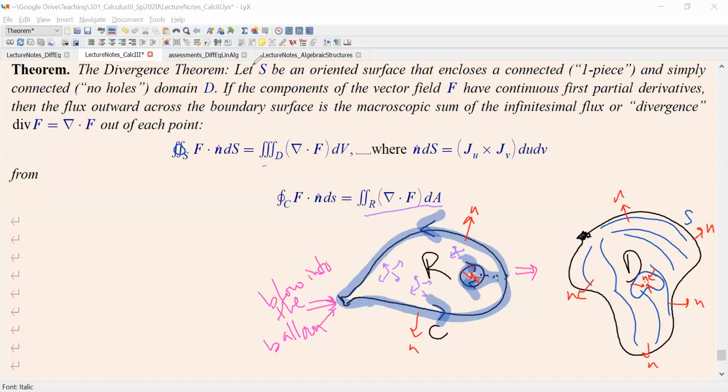This turns into the triple integral over the domain of the divergence at every single point in that domain. So it hasn't really changed. It's just grown up from 2 dimensions to 3 dimensions.